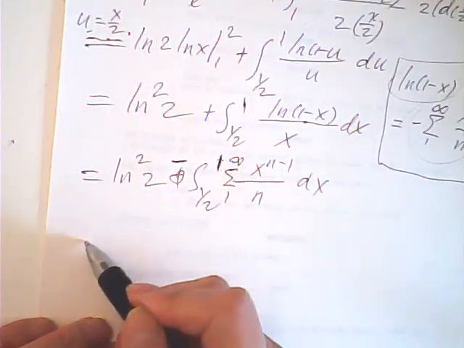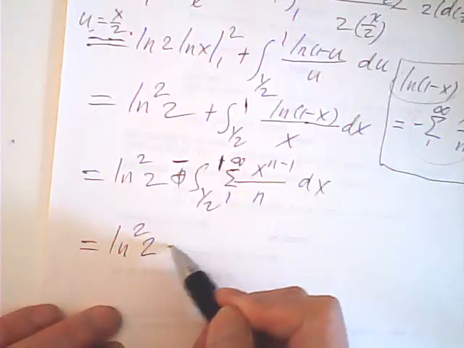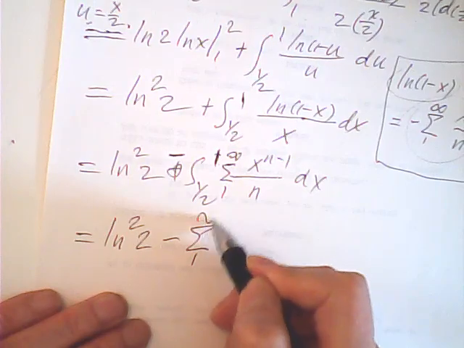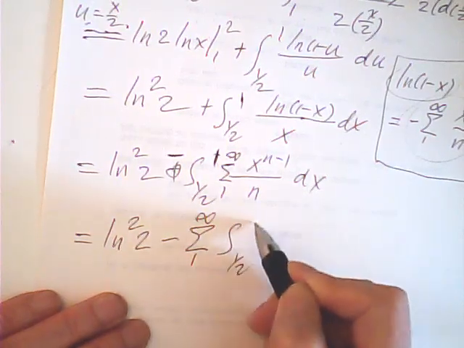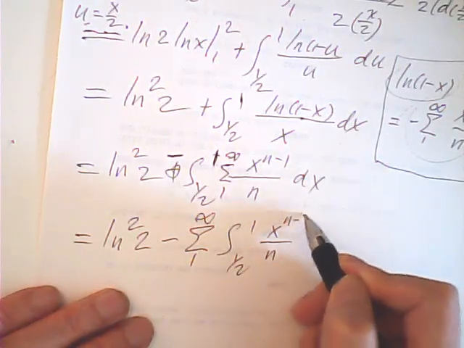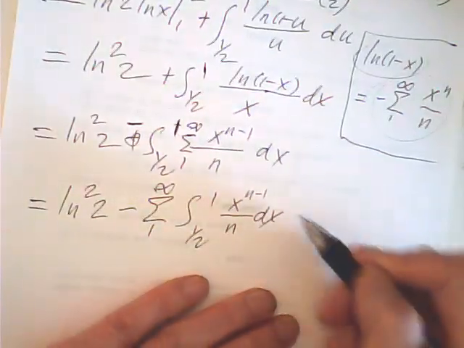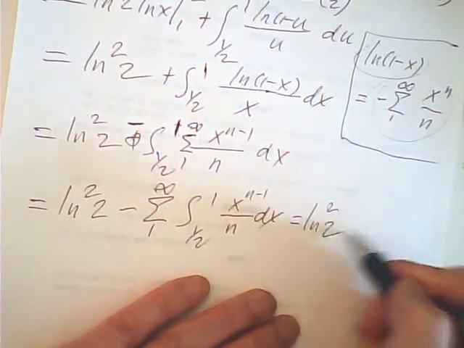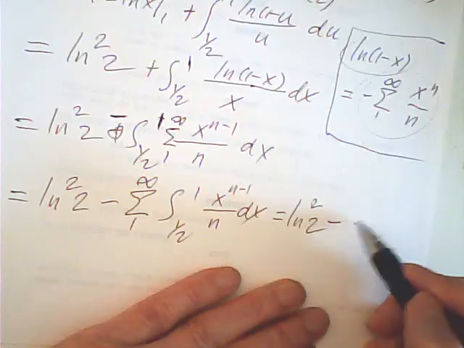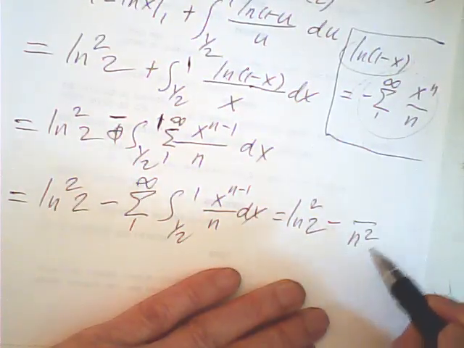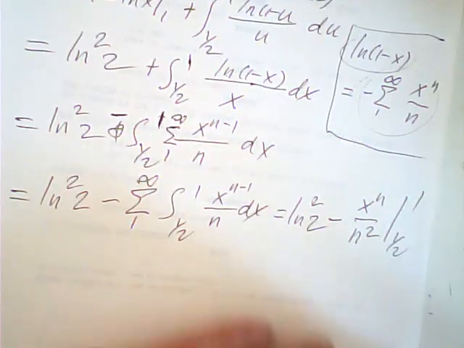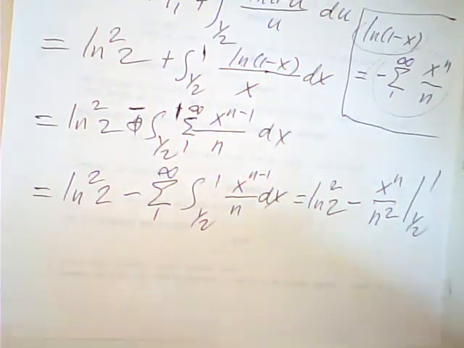Yeah, now we can switch. This one is equal to sigma from n equals 1, then the integral from half to 1 of x to the n. Yeah, this one is equal to negative. This integral is equal to x to the n plus 1 over n plus 1, right?